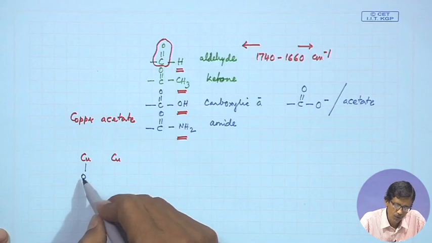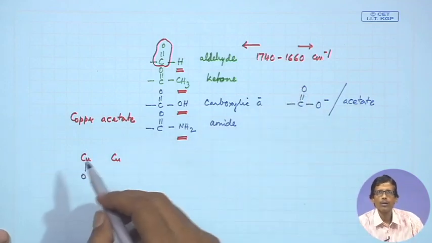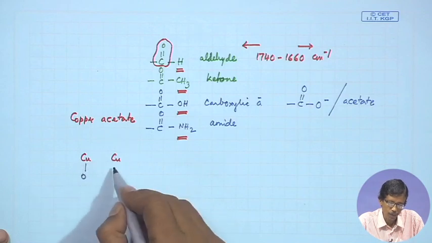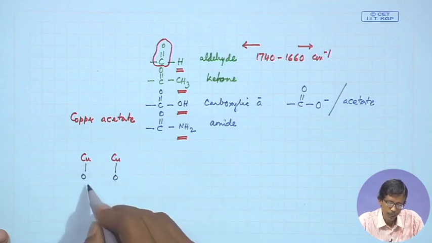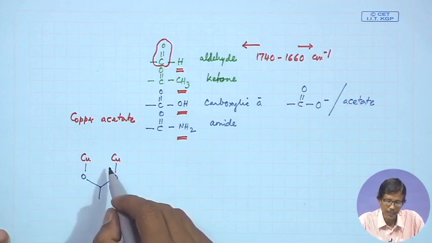One of these oxygens will bind to this copper, and the other oxygen will not coordinate to this same copper center, but will come to the second copper, and this is your acetate function. So, one such acetate function is like this.